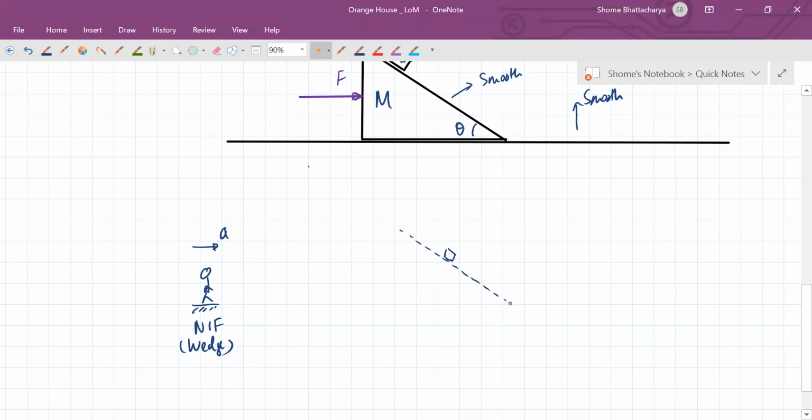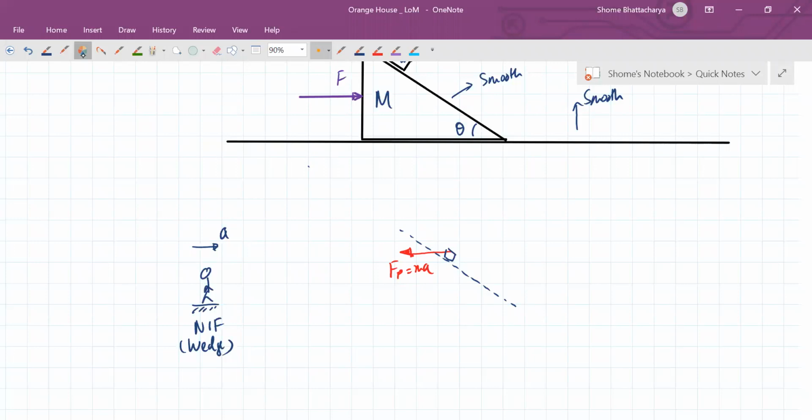So this is the inclined surface. The forces acting on it will be, first of all, we will consider the pseudo force, ma in magnitude.